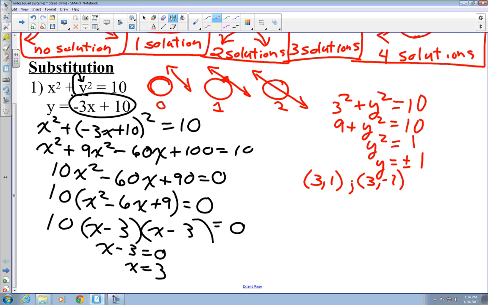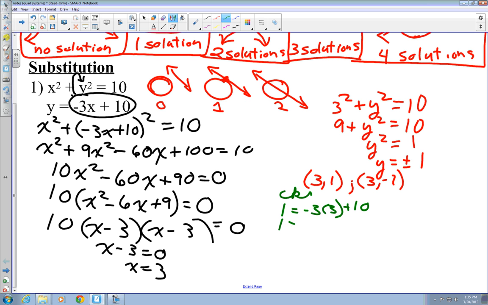Now you have to make sure that it solves both of the equations. So let's check 3, 1 in the linear equation. So for the check, I get 1 equals negative 3 times 3 plus 10.